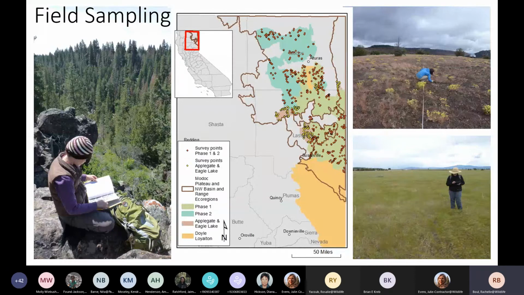The survey points are available through the Biogeographic Information and Observation System, otherwise known as BIOS, which is a data viewer maintained by CDFW. I'm going to talk a little bit more about BIOS later, and I believe Rosie will too. But just know that this survey data is available for you to view and download from BIOS.